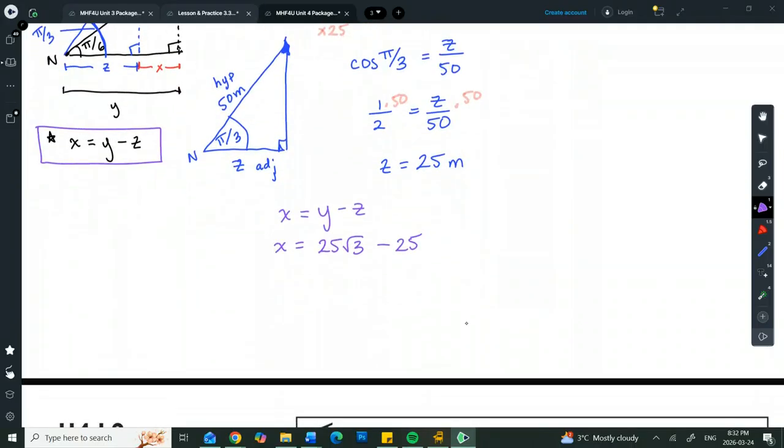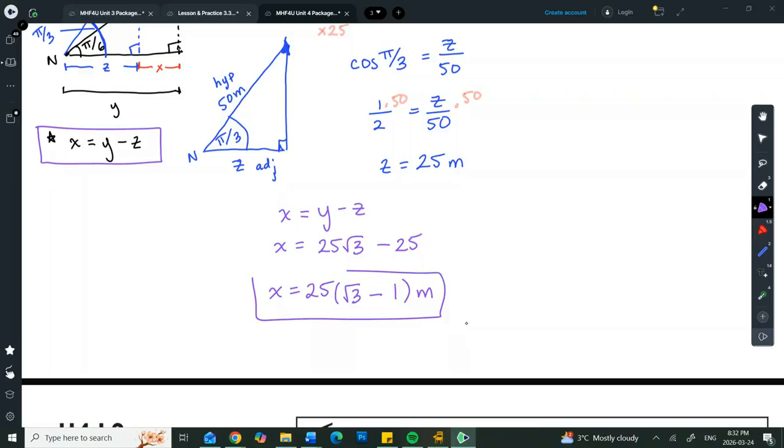Now, the best way that we can write this in the most simple form, and if you plug this into your calculator, it would likely do this as well, is to factor out any common factors. I see that there's a 25 in here and a 25 in here. So you will likely see, if you're looking in a textbook or a worksheet, that it will factor that out, and then you'd be left with 25 times root 3 minus 1 meters.